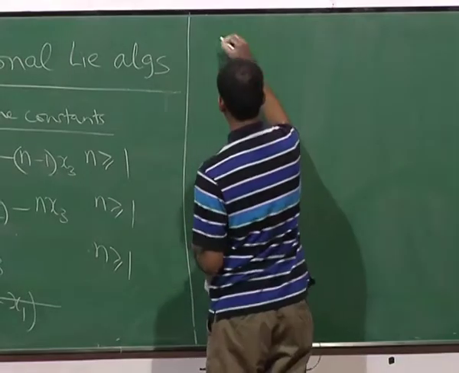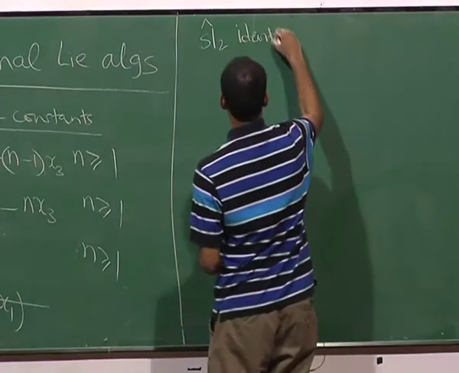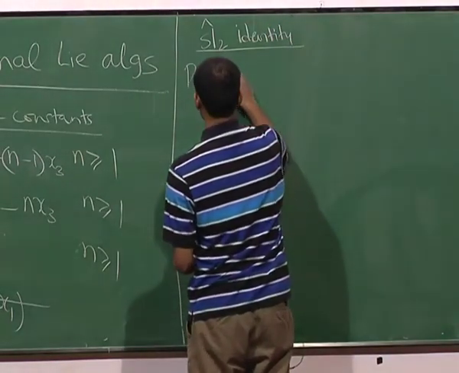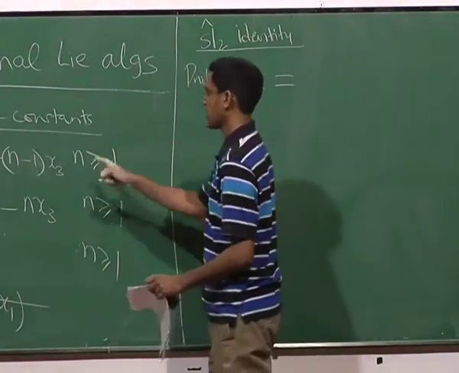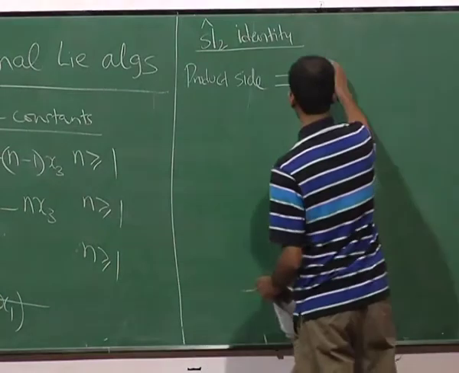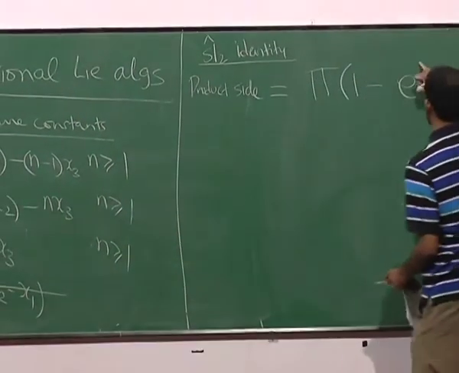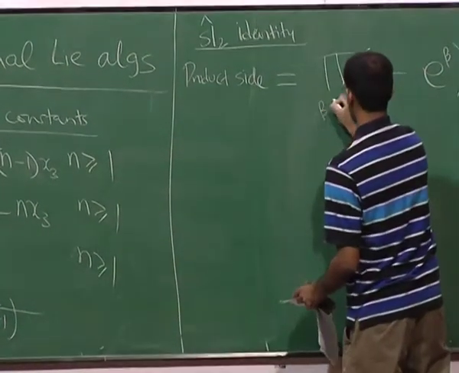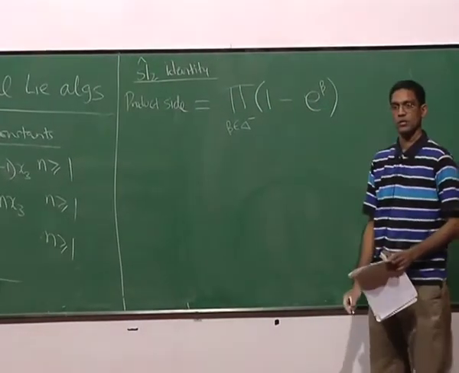So what does the SL2 hat identity look like? Let me just write the product side first. The product side was supposed to be a product over things of the form 1 minus e raised to beta, where beta runs over what I call the set of negative roots, the structure constants.